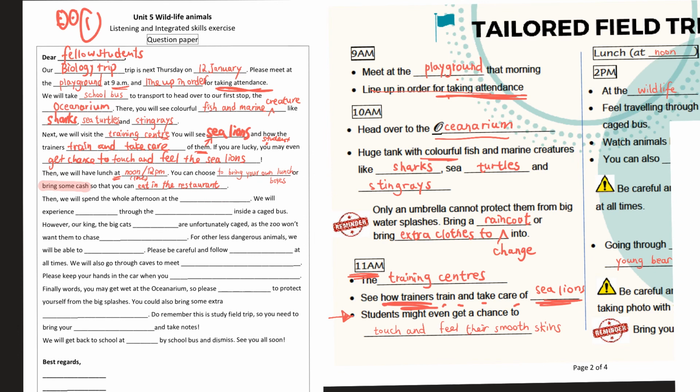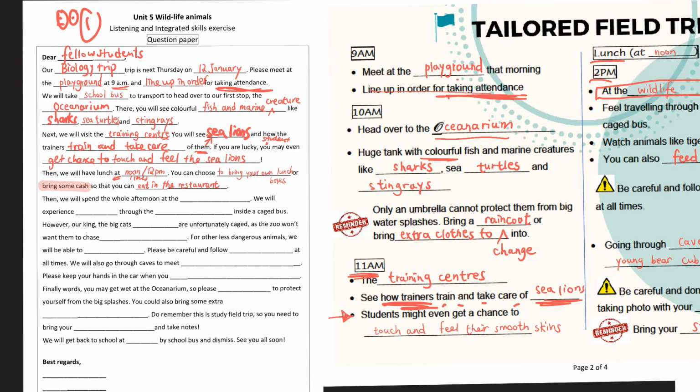Okay, so here. So then we are going to spend the whole afternoon at the... Where are we going to spend after the lunch? Okay, we can see very clear. It's over here. After the lunch, 2 p.m., we are going to spend it at the Wildlife Zoo. Okay, 野生動物園. Very nice. Okay, so, well, others just copy and paste.